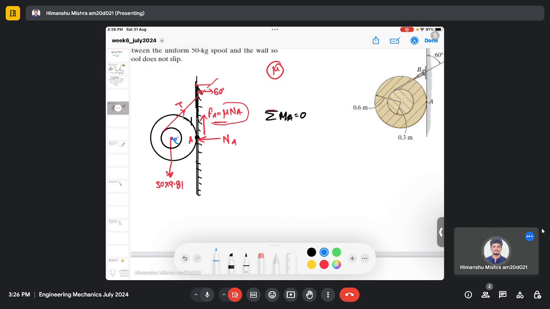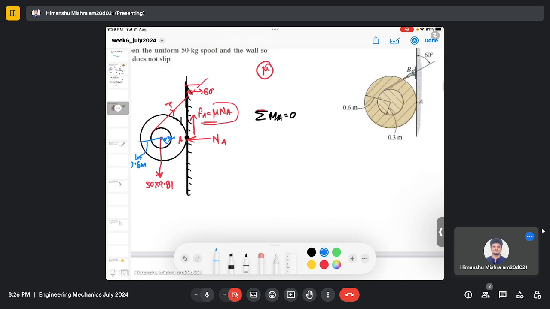This is 0.3 and this is 0.6 meter. So the moment will occur due to the weight mg, which is at distance 0.6 from point A.